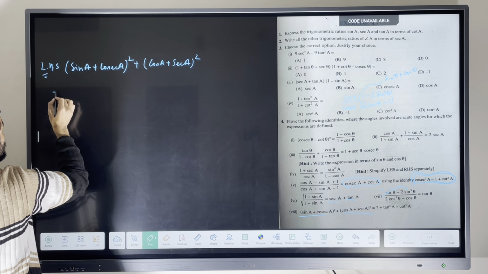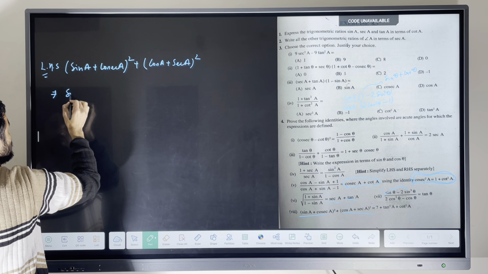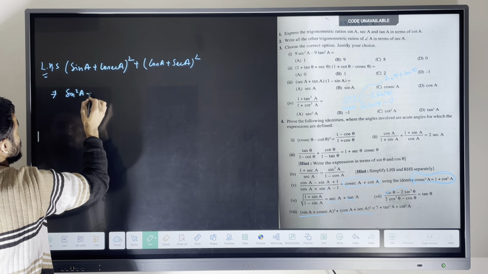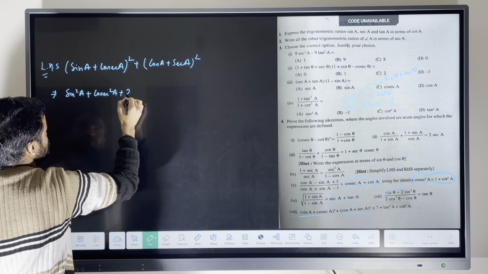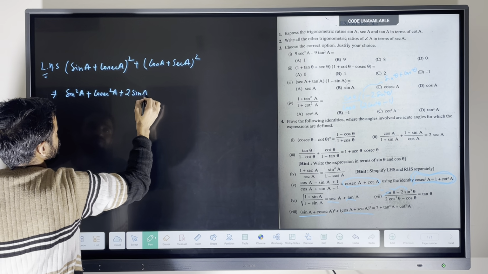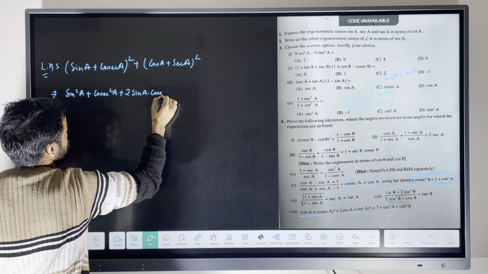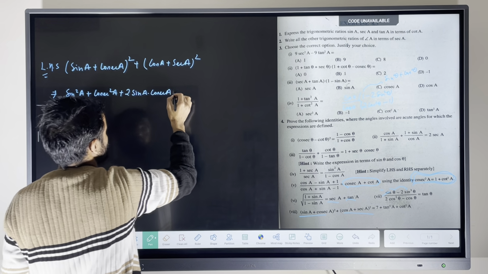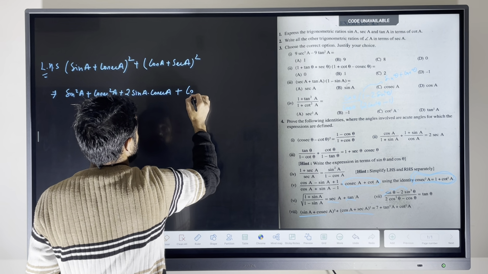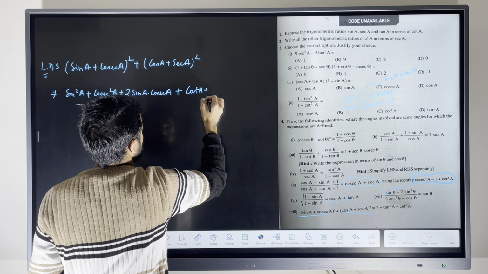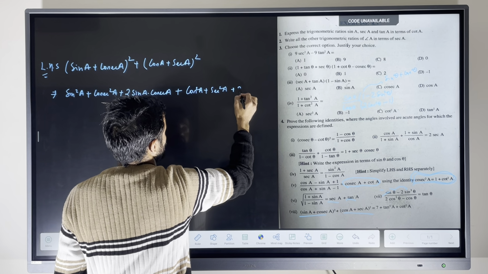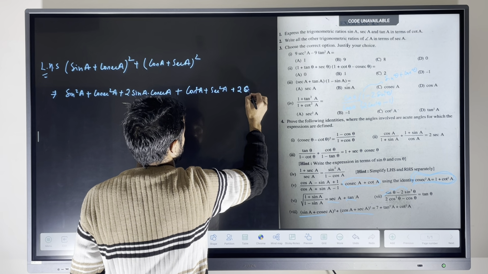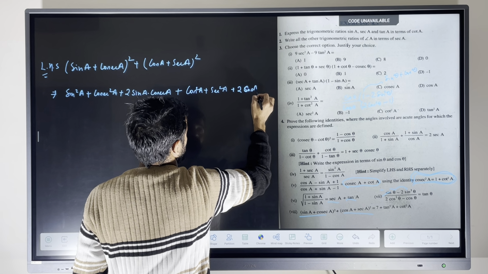Okay, so if we apply the identity, it will be a square plus b square plus 2a into b. Similarly here we have again a square plus b square plus 2a into b.